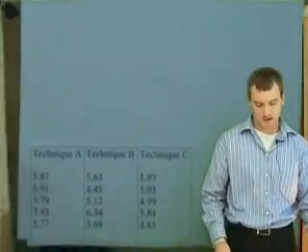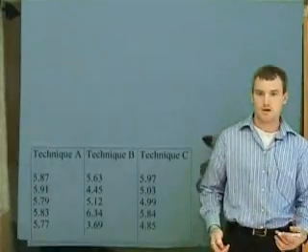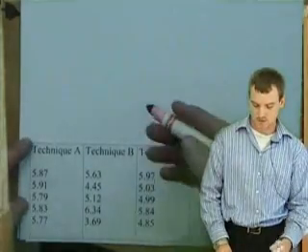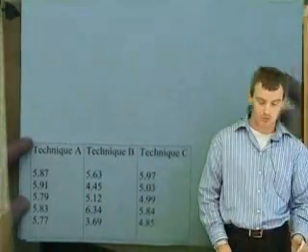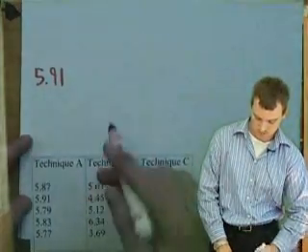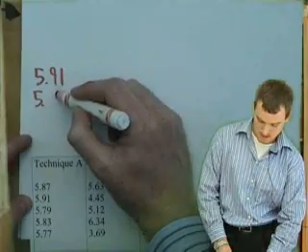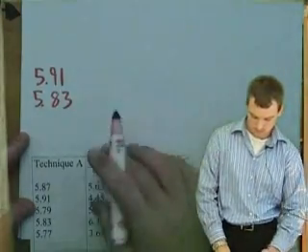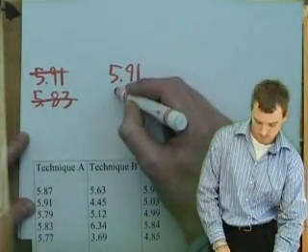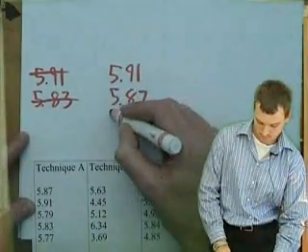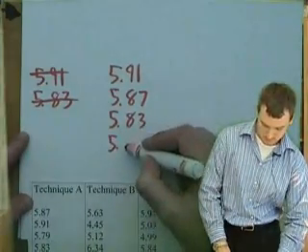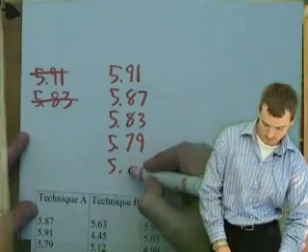Now, for the median, we're going to list all of our values in order, starting with our largest value and going down to our lowest value. So we're going to start with 5.91, then 5.87, 5.83, 5.79, 5.77.